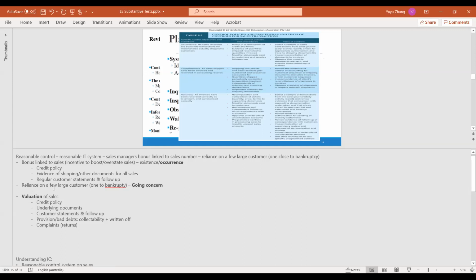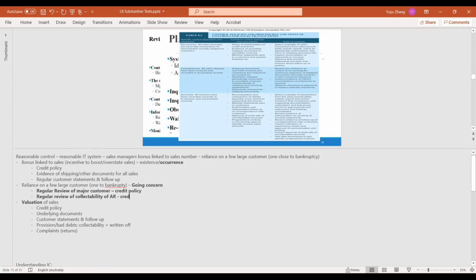So review of major customers. Their credit policy would be important, I think, right? And also regular review of collectability of accounts receivables.